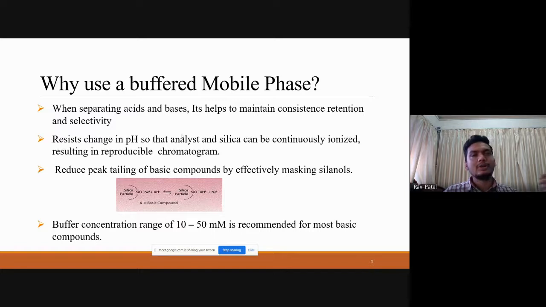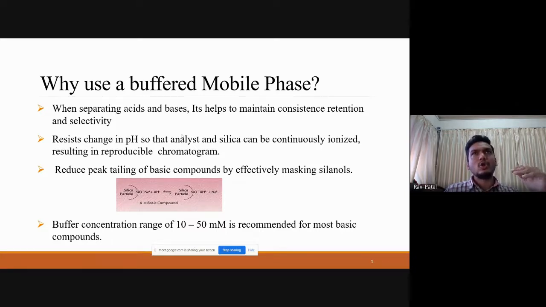If they are not getting a proper result, after that they focus on introducing a buffer in their mobile phase. But in industry, they are generally focusing on reproducibility of results, so for that purpose, they introduce a buffer in the mobile phase.